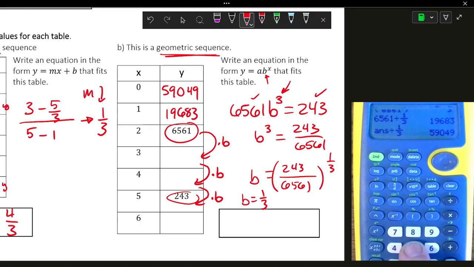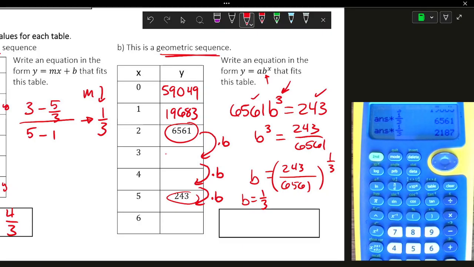All right. So I'm going to take this and run it forward. So I'm going to go 59049. I press enter, and I want to multiply by a bunch of thirds to verify some things. So first of all, is the first term what I think it is? Yep, 19,683. The next term is, yep, 6561. And then I've got 2,187.